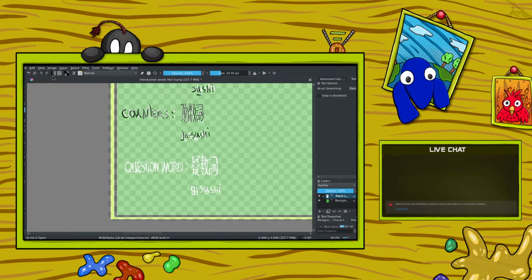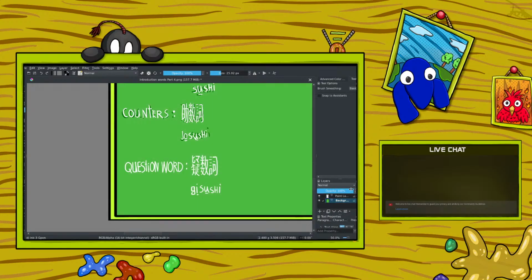What the? What? No, this is supposed to be not transparent. That should be on. Oh, alright, fine.